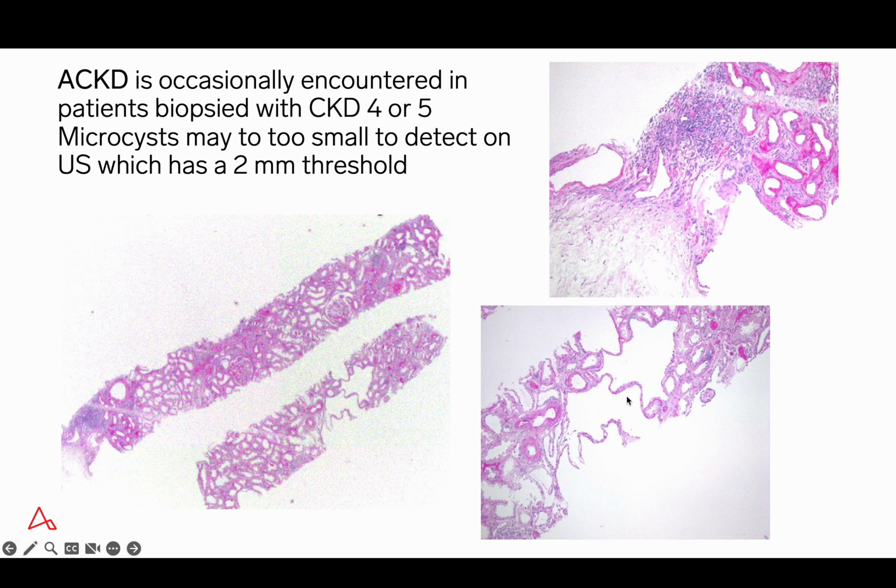Again, these cysts have a very inconspicuous attenuated cell lining. These cysts are quite small, probably 1 millimeter or less, which is below the ultrasound threshold of about 2 millimeters, which means we can see acquired cystic kidney disease on biopsy prior to its radiographic demonstration.